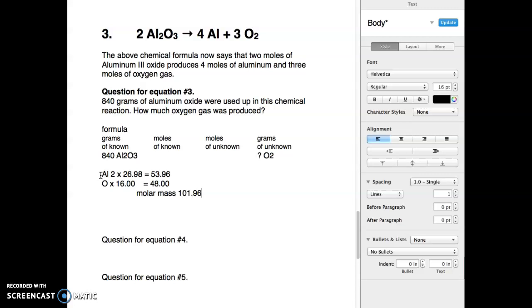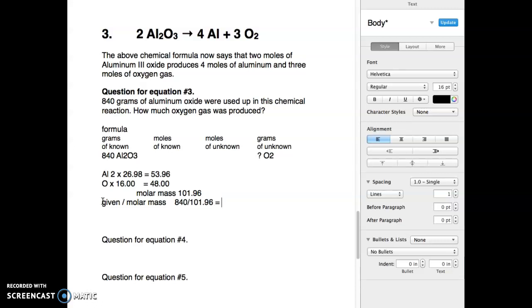So we know the moles of the 840 is your given, divided by your molar mass. So in this case, 840 is the given, divided by the molar mass, 101.96.